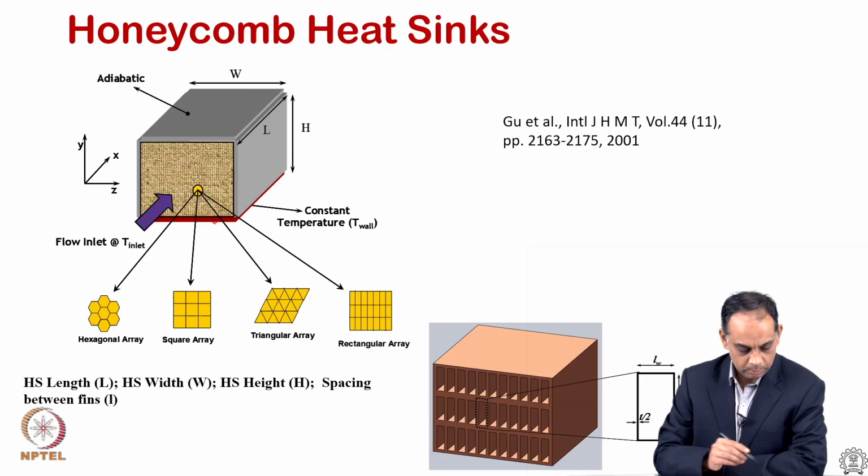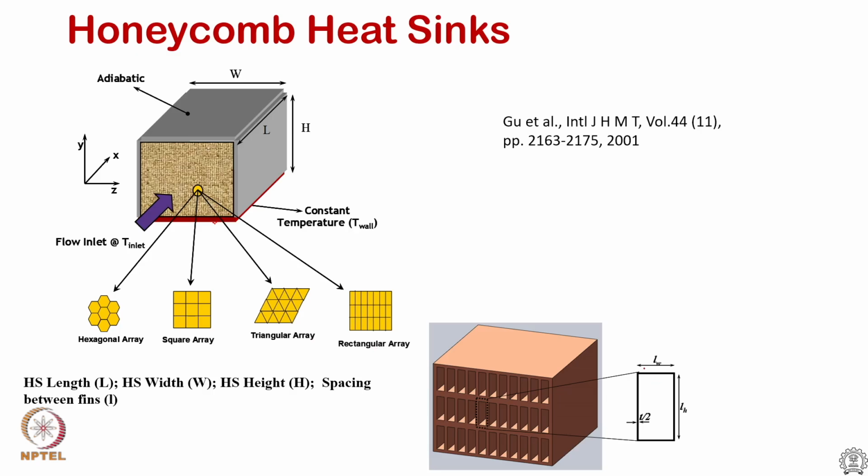Some of these aspects are such that you need to know the local geometry. L sub w here is the local spacing between the walls, the height of the rectangular section here is L sub h, and the thickness is t by 2.